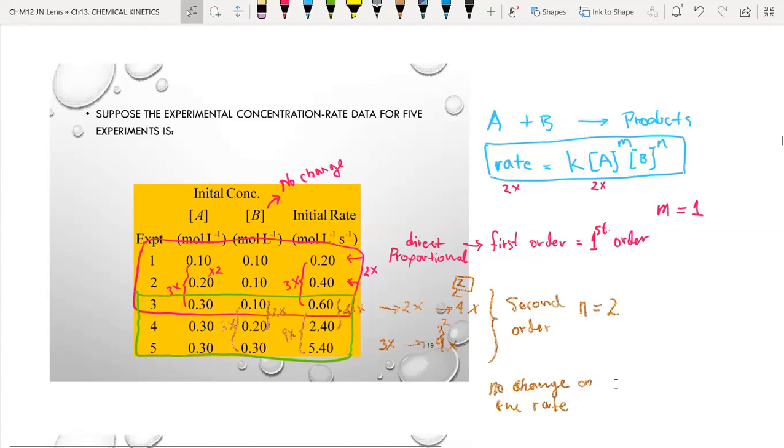On the right means 0 order. That's it. 0 order. For example, we can have a reaction.